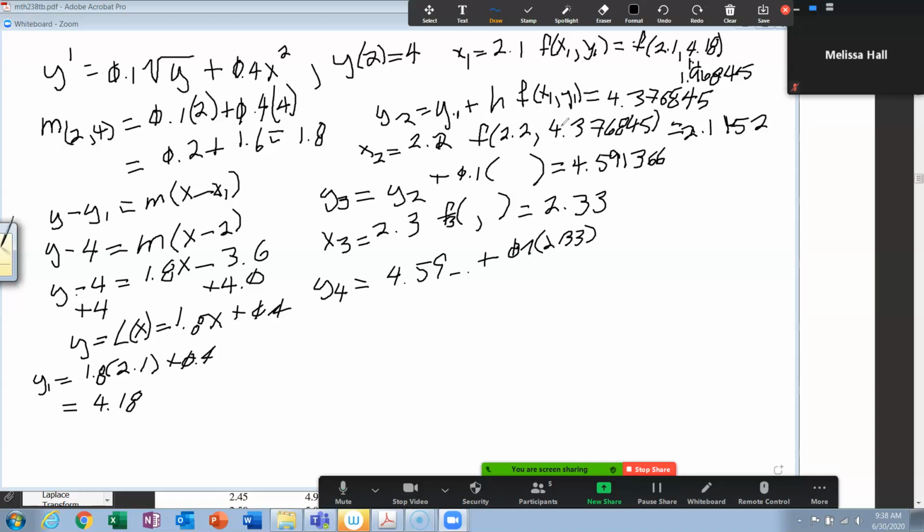So with my calculator, since I got that f in there, I'm going to multiply that by 0.1 times 0.1 plus 4.59. I'll write out all those digits. 4.591366 equals, and my new y4.